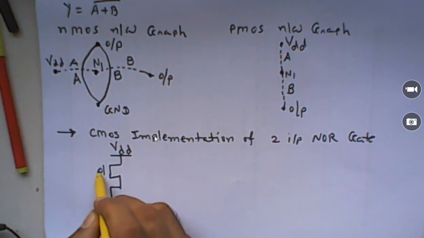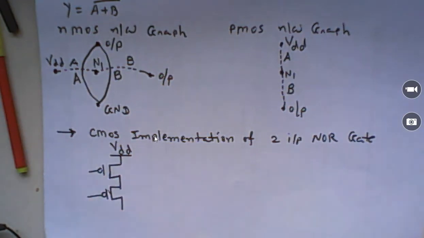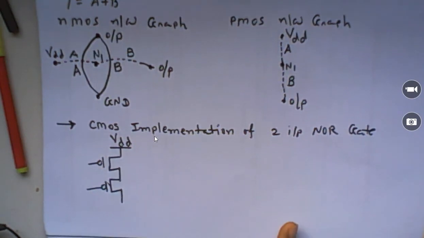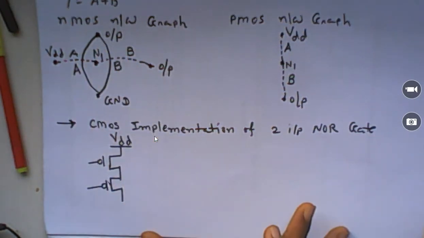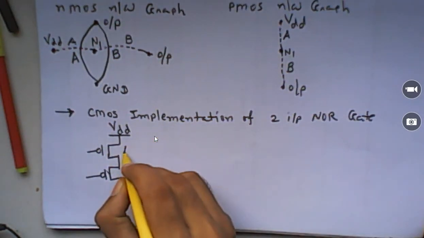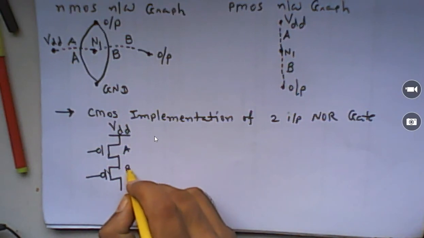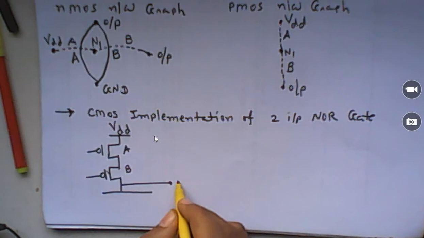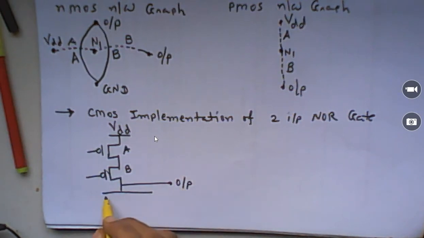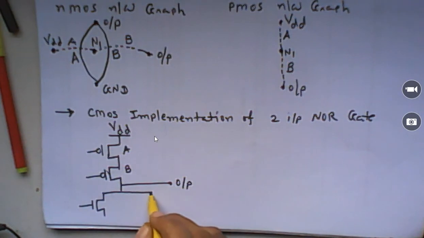This is another symbol of PMOSFET: by putting one bubble at the gate terminal, it is a 3-terminal symbol of PMOSFET. And in the graph of NMOSFET, both the MOSFETs are connected in parallel. This is our MOSFET A and this is our MOSFET B. The NMOSFETs are between the output and the ground, connected in parallel.